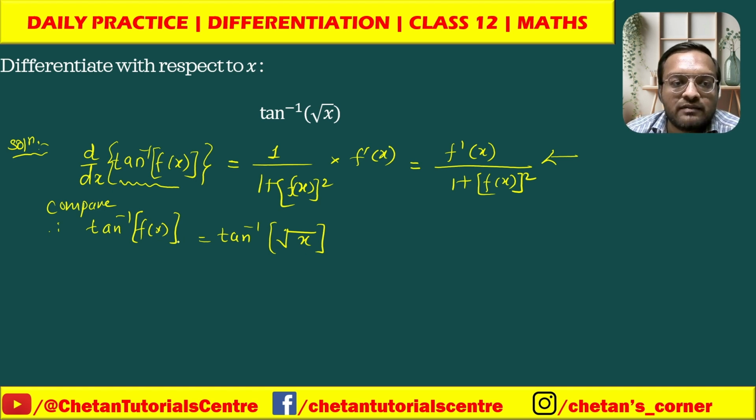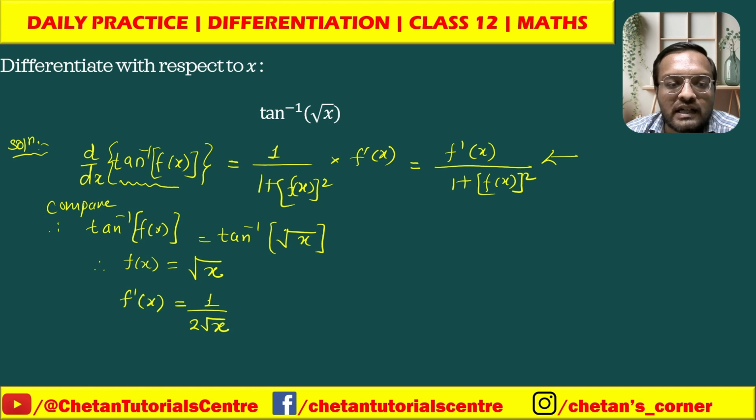So on comparison, what can we conclude? f of x is equal to under root of x. So the derivative of f of x with respect to x will be f dash of x, which is equal to the derivative of under root of x, that is 1 upon 2 under root of x.